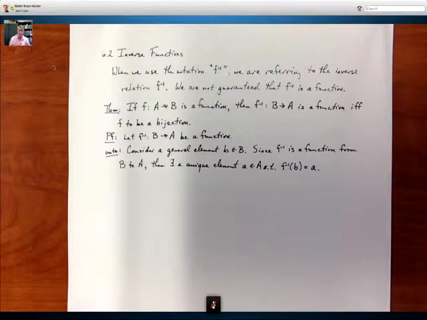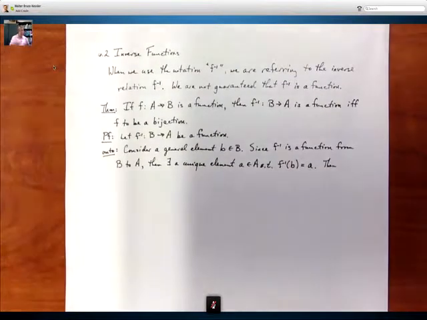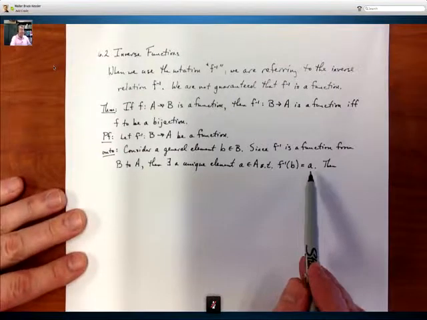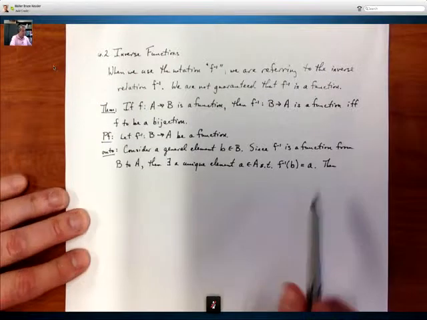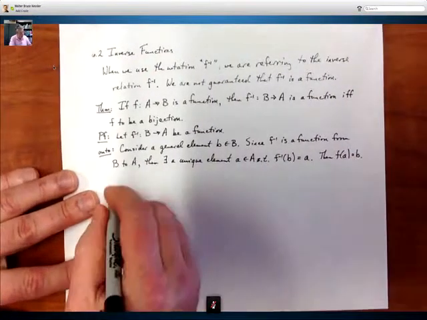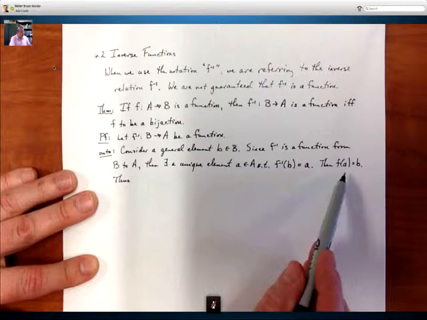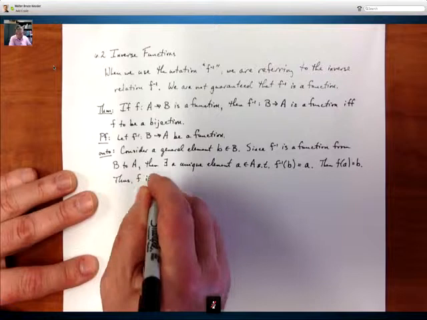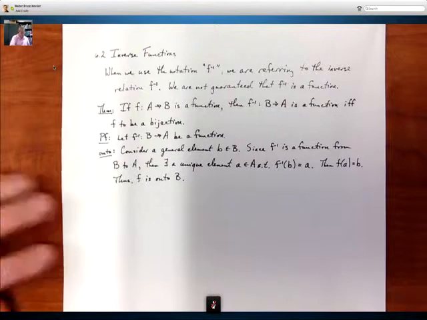There can't be two of those a's for that b, there's only going to be one because it's a function. Well, in f inverse we've got the ordered pair (b, a). So in f then we've got the ordered pair (a, b). So then f of a equals b. Thus, that's what we needed to show, that I could find an a that gave me the b. So thus, f is onto B. Okay?